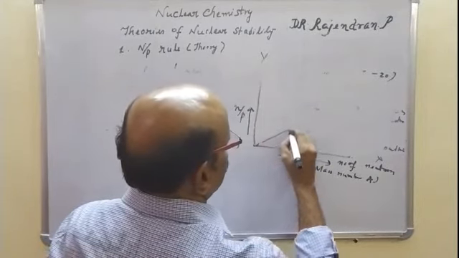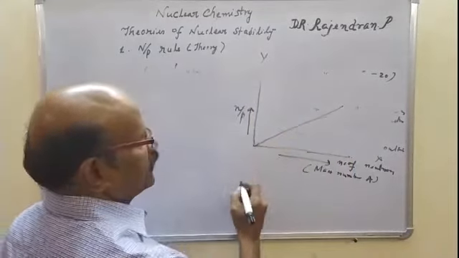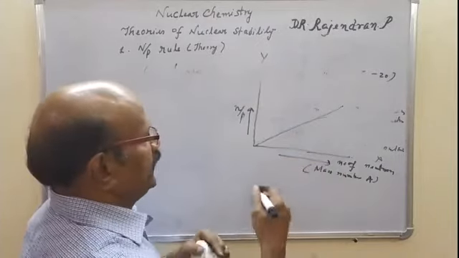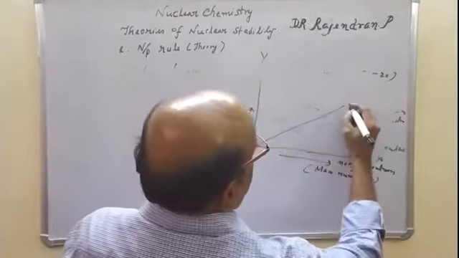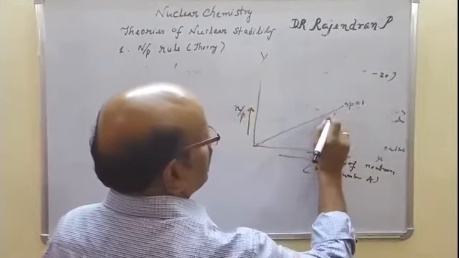This is the theoretical plot. There is a straight line passing through the origin at an angle of 45 degrees, so that the N by P ratio is equal to 1. This is the theoretical curve.